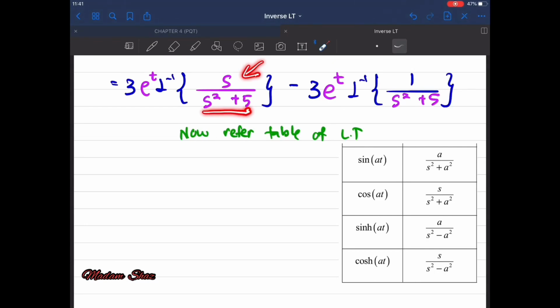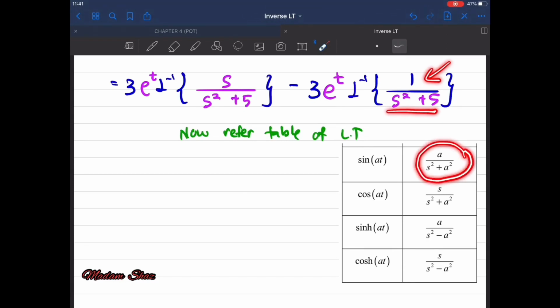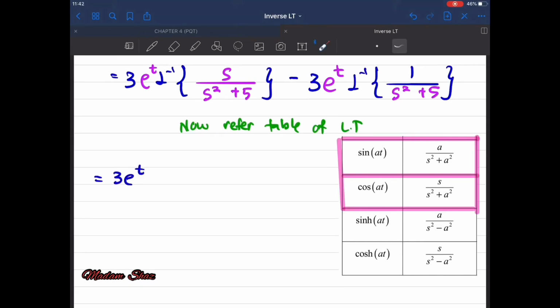The suitable one is s over s square plus a square, whereby the answer will become cos of at. For the second Laplace inverse, you have a constant at the upper side and s square plus a square at the bottom side. The suitable one is a over s square plus a square, whereby the answer will become sine of at. So therefore, 3 exponent t Laplace inverse s over s square plus 5, whereby s over s square plus a square will become cos of at.